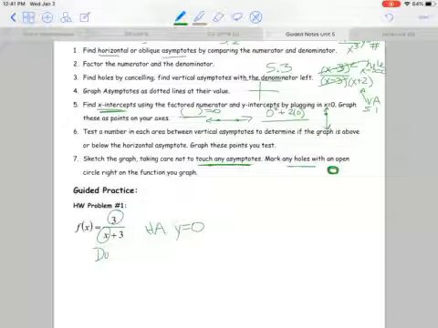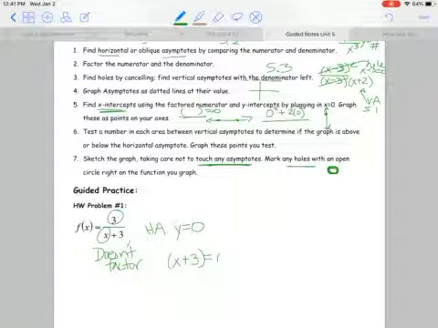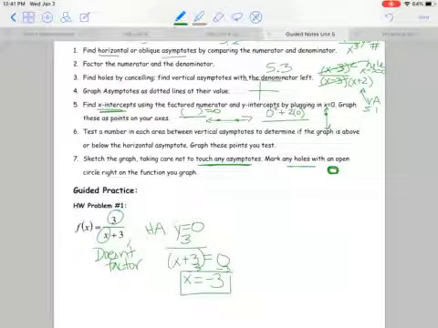This one doesn't factor. So way easier. The denominator, x plus 3, does not cancel with the top. So remember, if that's the denominator, that's the vertical asymptote. So we subtract 3, subtract 3. So that's our vertical asymptote.